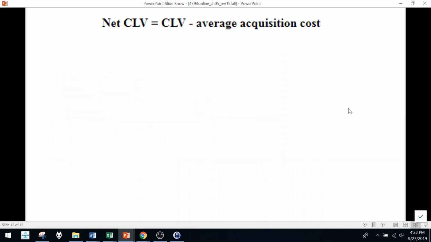Net CLV. This is like CLV, but it accounts for prospecting costs, the cost of trying to acquire new customers. So our CLV, we talked about before, is 110. It was the 10 initial plus the 100 CLV. We just calculated an average acquisition cost of 66.67.